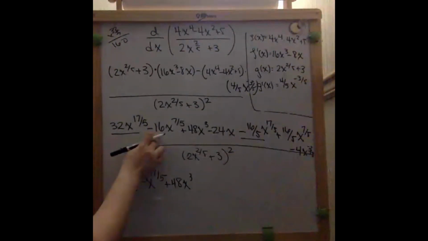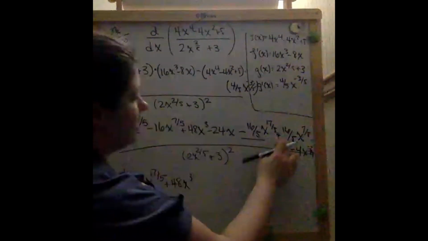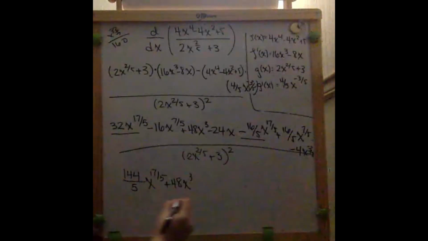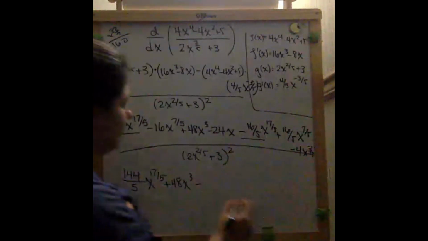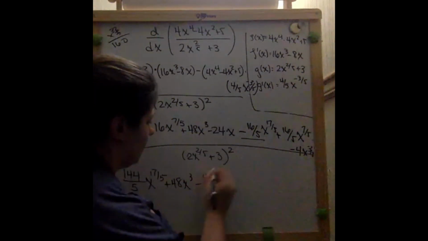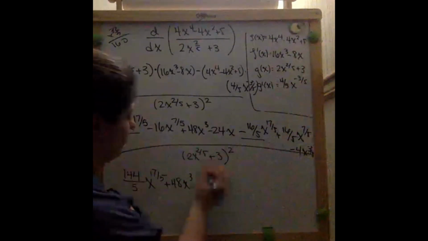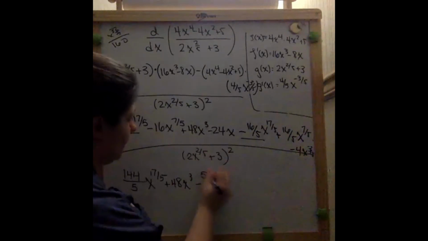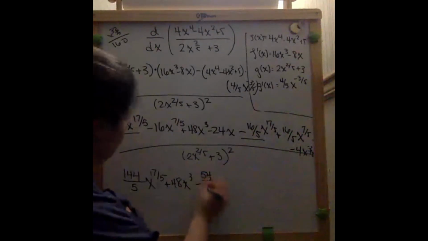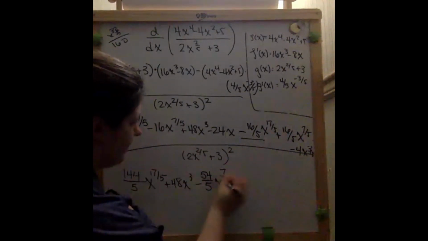This is 80/5. 16, their difference is going to be a negative 54/5 x to the 7/5.